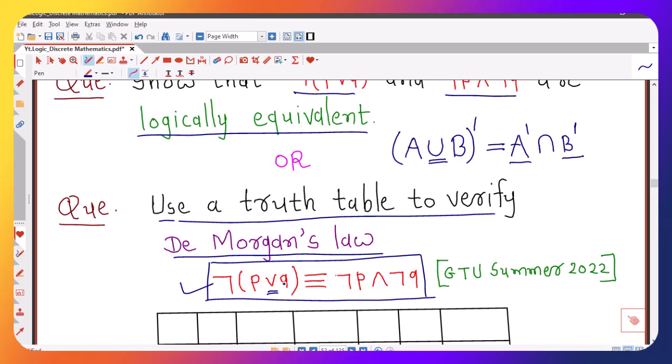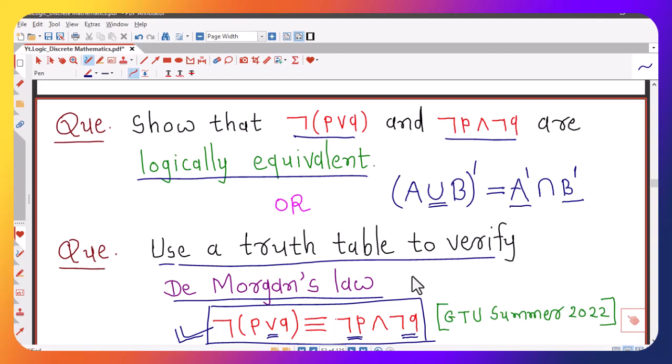So negation of P or Q is equivalent to negation P and negation Q, or in the language of logic, we can say that the negation of the disjunction of P or Q is equivalent to the conjunction of not P and not Q.